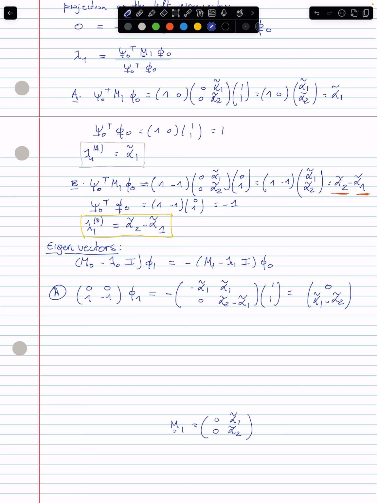And so we can choose for phi 1, we see that we have 1 minus 1. I'm going to use the second line. So first entry minus the second is equal to alpha 1 minus alpha 1 tilde minus alpha 2 over there.